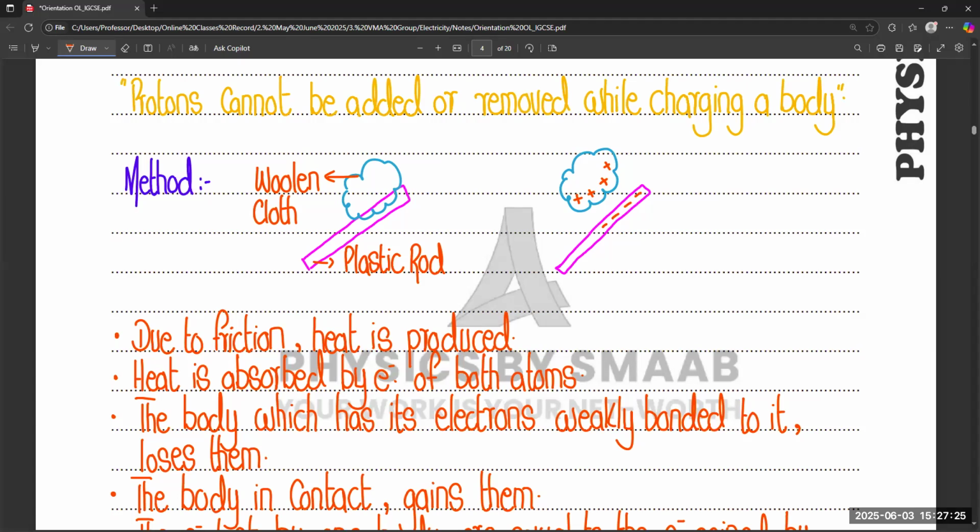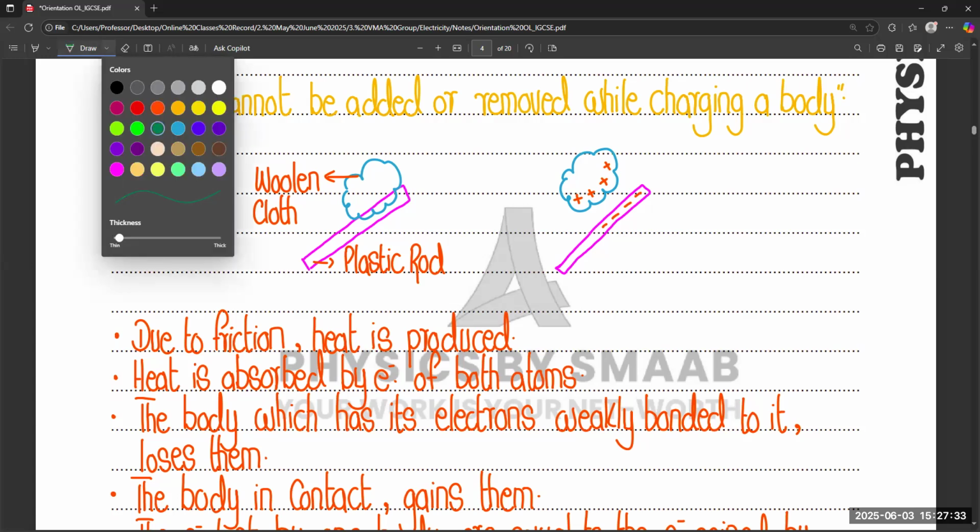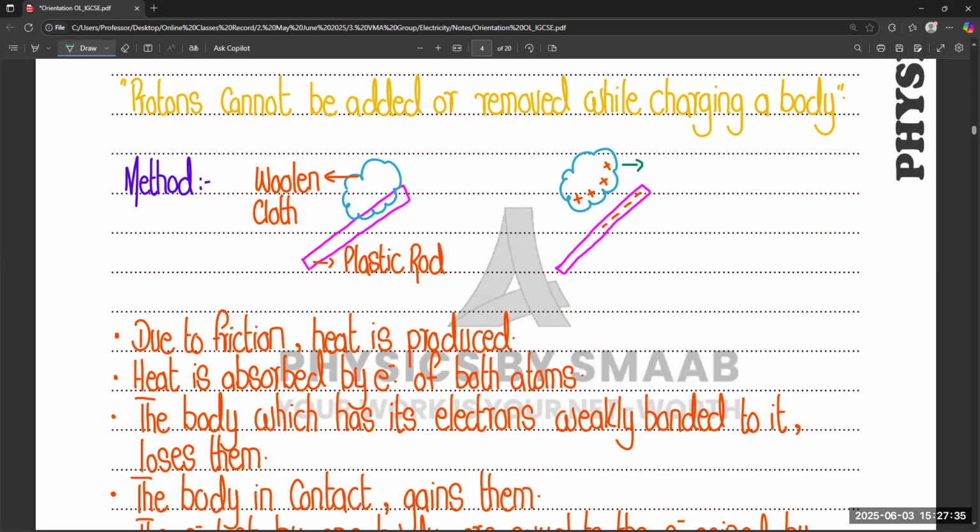It depends upon the information given in the question. So in this diagram, we observe that this body got positive charge and the other body got negative charge.